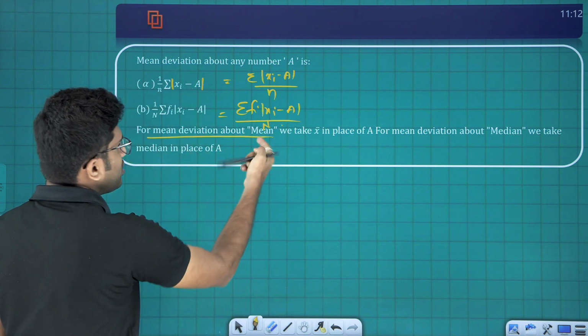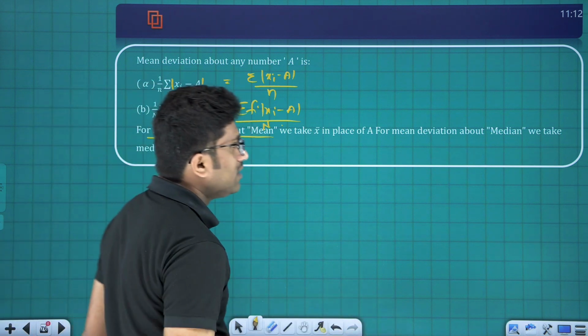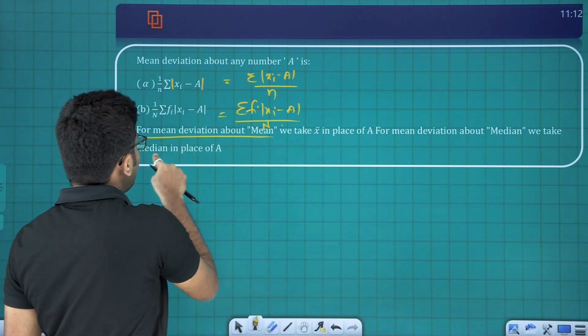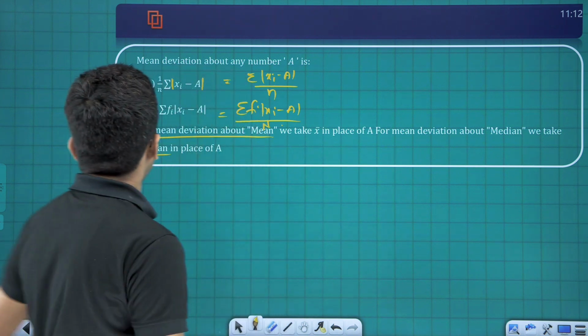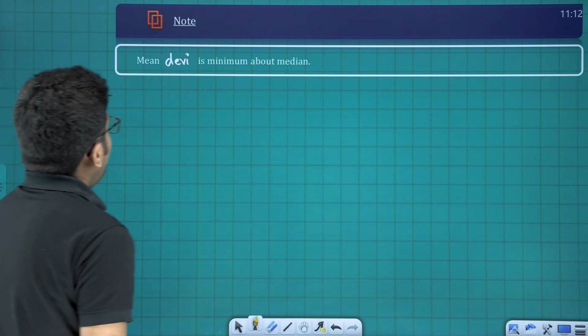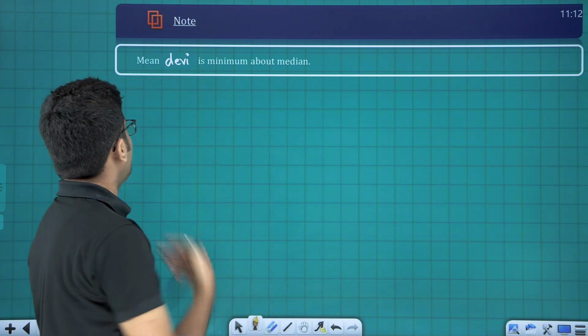For mean deviation about mean, we take x bar in place of a. For mean deviation about median, we take capital M in place of a. That's how we get mean deviation about median, mean, or even about any number.